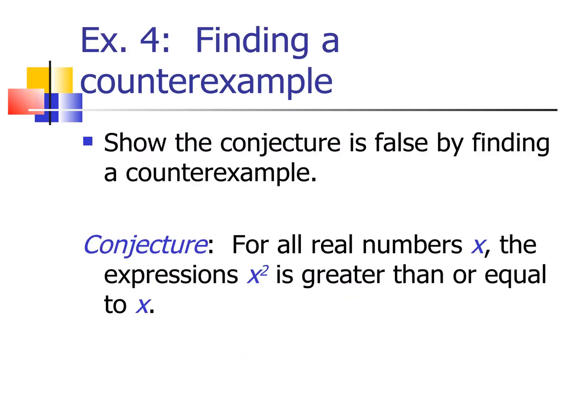Okay. So next, finding a counterexample. Show that the conjecture is false by finding a counterexample: for all real numbers x, x squared is greater than or equal to x. Try to find the counterexample.